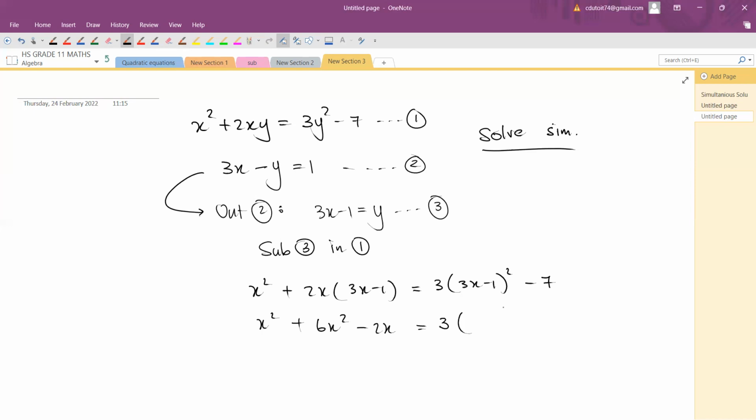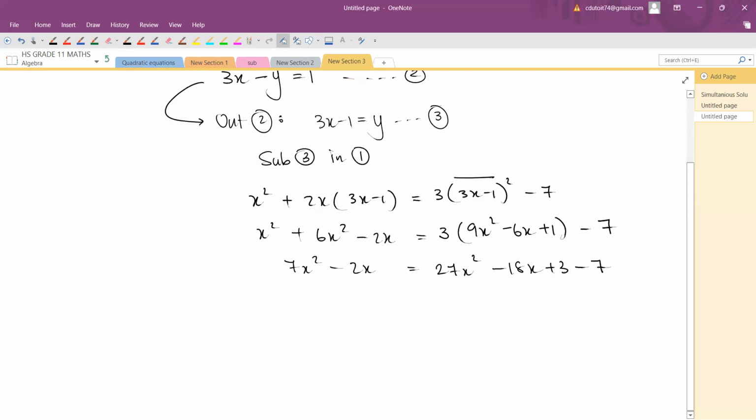Squaring that bracket becomes 9x squared minus 6x plus 1, minus 7. Is that correct? Good. So we have 7x squared minus 2x, and on this side, we have 27x squared minus 18x plus 3 minus 7.